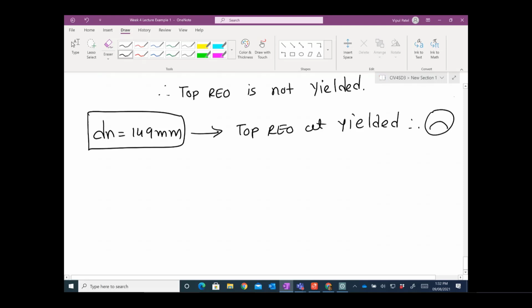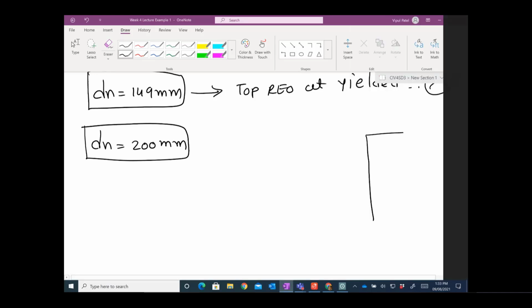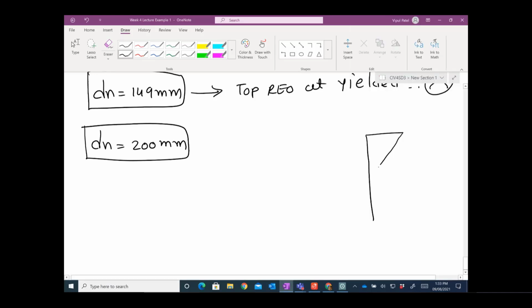So that's fine. Let's do DN equal to 200 millimeters. Let's see what happens. Why do I take 200? Because if you want to increase the strain in your top rear, you have 149 millimeters.